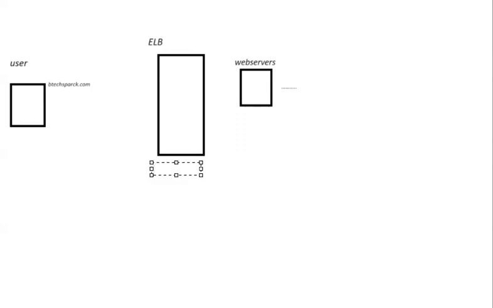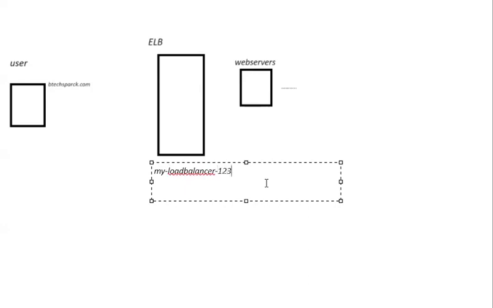How the DNS provided by the elastic load balancer will look is, it will be like my load balancer name as well as some number, and the region for which you created it will be present.